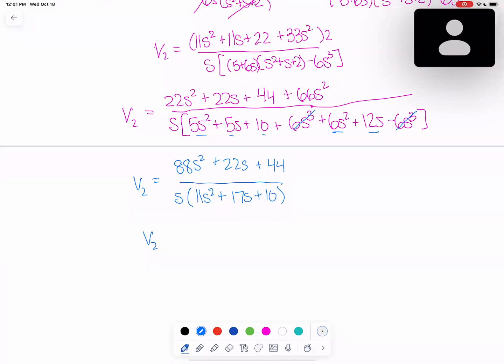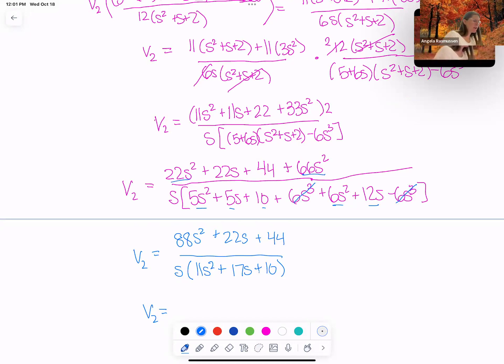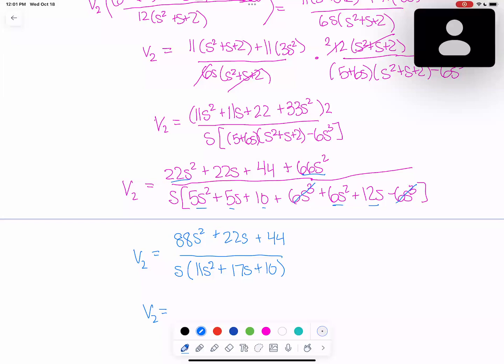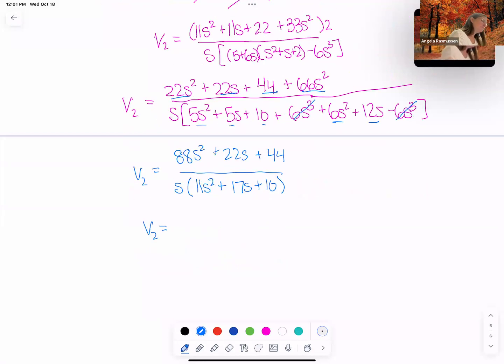How did we get from the 22 s squared to the 88 s squared? So I combined the 22 and the 66 to give me 88 s squared. That makes total sense. Thank you. No worries. And then 22s and then 44. 22 into 88. Is that right?